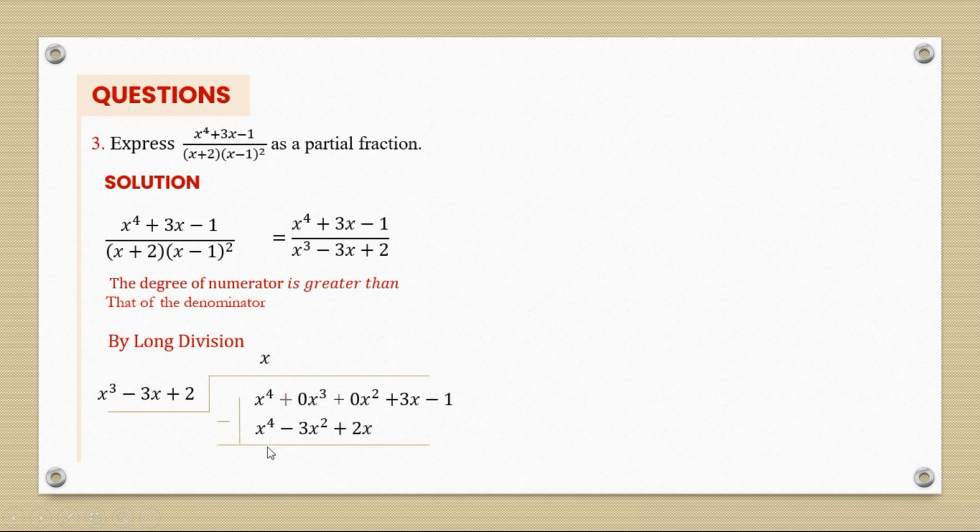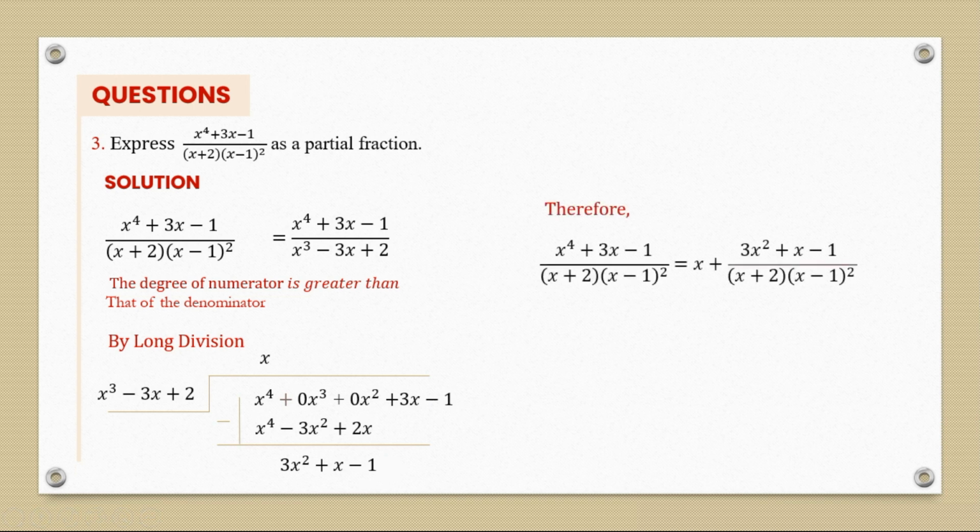When we subtract that, we have 0x² minus negative that, so it's 0x² plus that. So we have positive 3x², then 3x minus 2x is x, and then negative 1. That's why we have it like that.